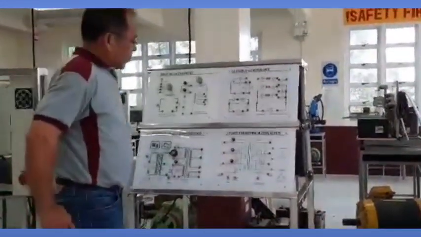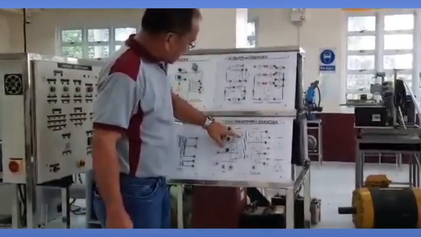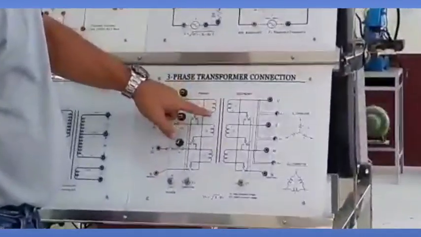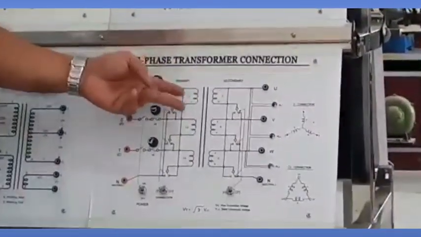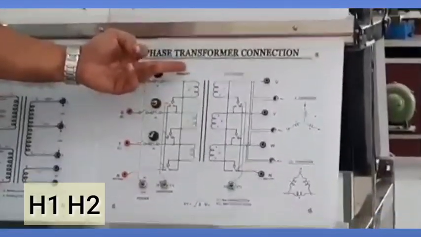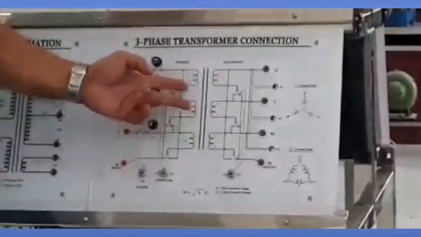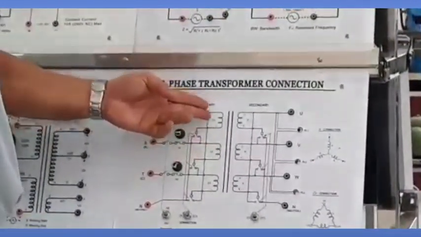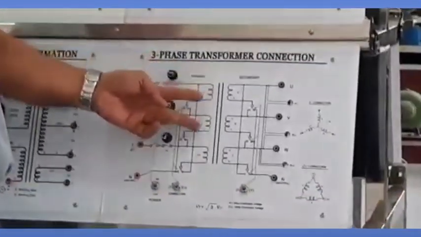Okay, to review the polarity, this dot represents your H1. For the primary winding of the transformer, you mark it H1, H2. So you have your three single-phase transformers, and all primary windings are marked H1, H2.